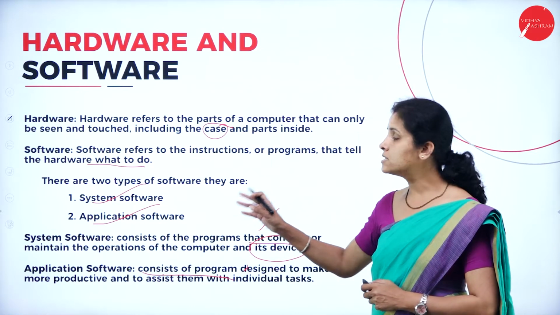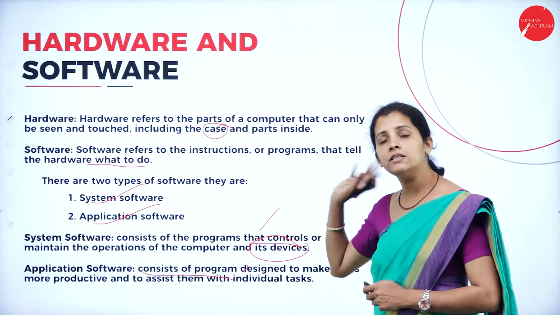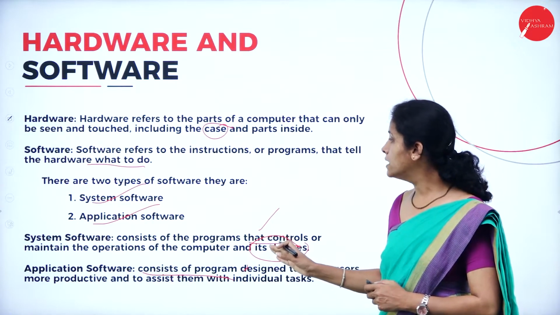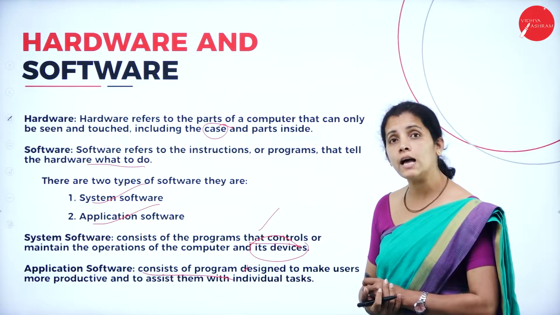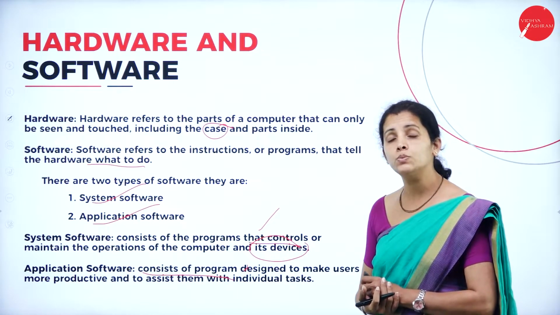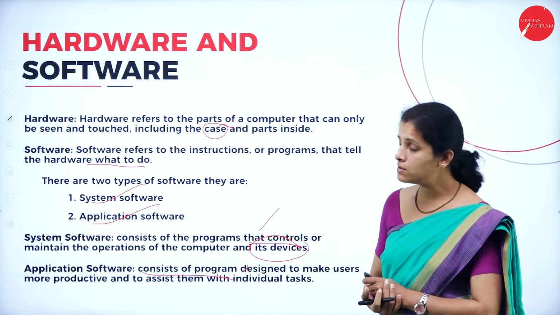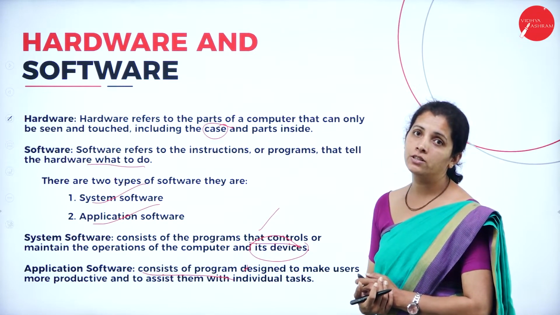So what is system software? It is nothing but the set of instructions, mainly used to maintain the operation of computers as well as the devices which are connected to the computer system. And what about application software?